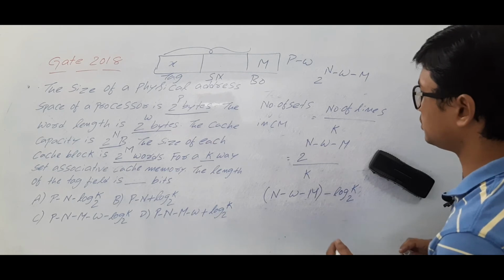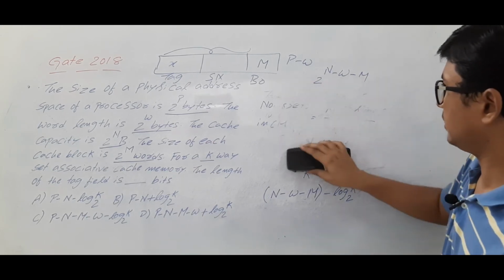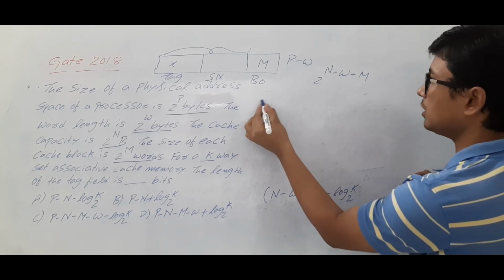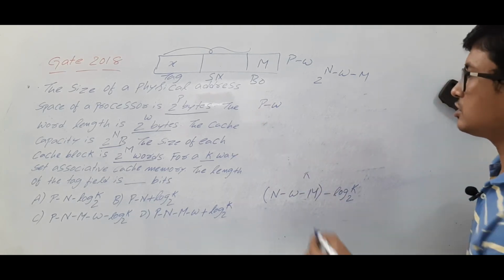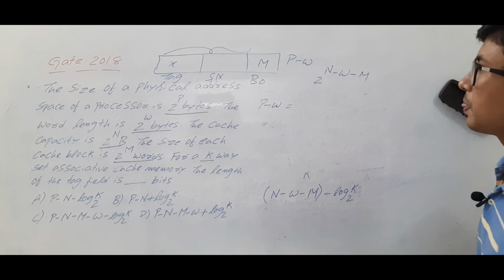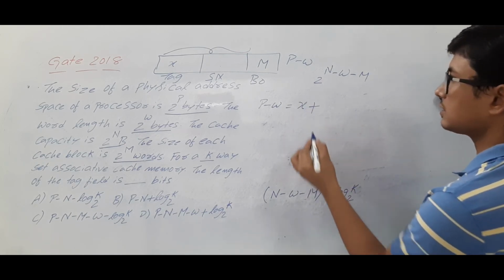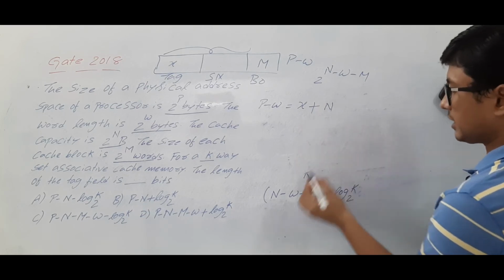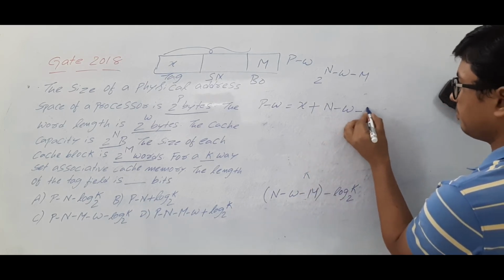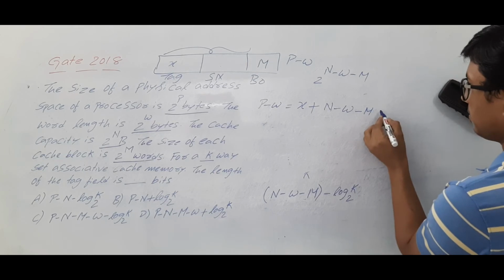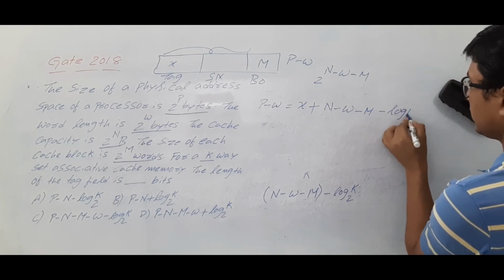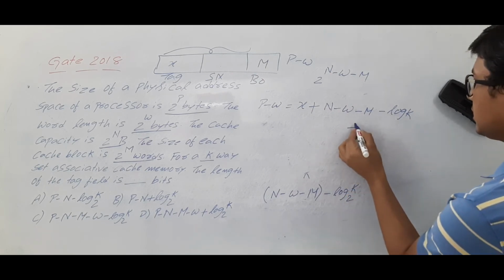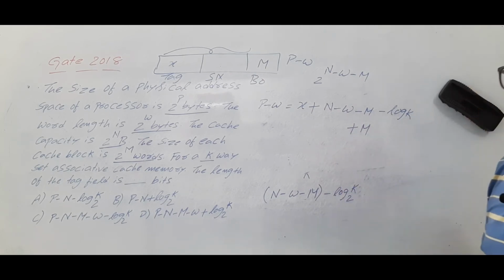It is equal to p minus w. Am I right or wrong? It is equal to x plus the number of bits in the set number, which is n minus m minus log k, and the number of bits in the block offset is m. Are you able to understand it or not?